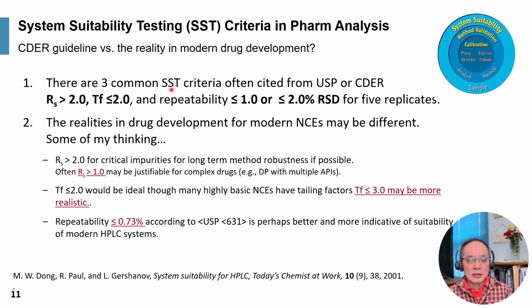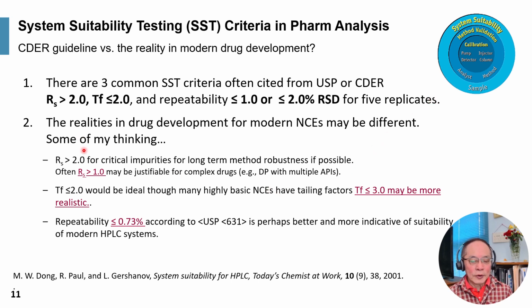There are 3 common system suitability testing criteria often cited in the USP and CDER. That is, resolution should be above 2 if possible, peak tailing of the main component less than 2 if possible, and the repeatability often found is either less than 1% repeatability precision or less than 2% RSD for 5 replicate injections.